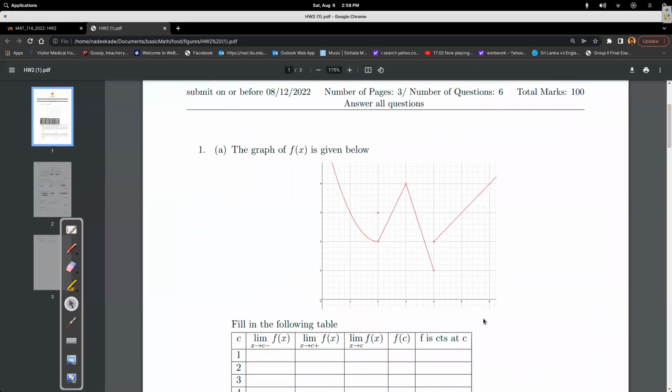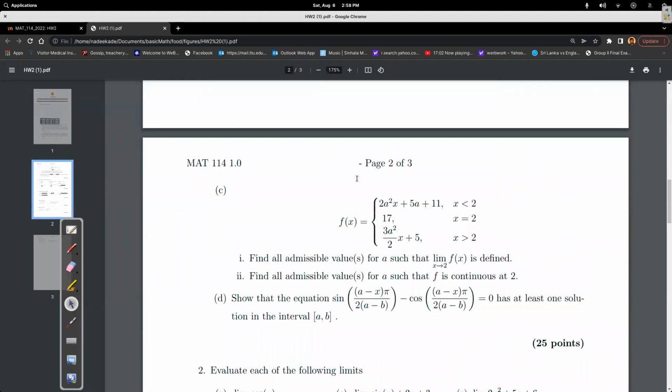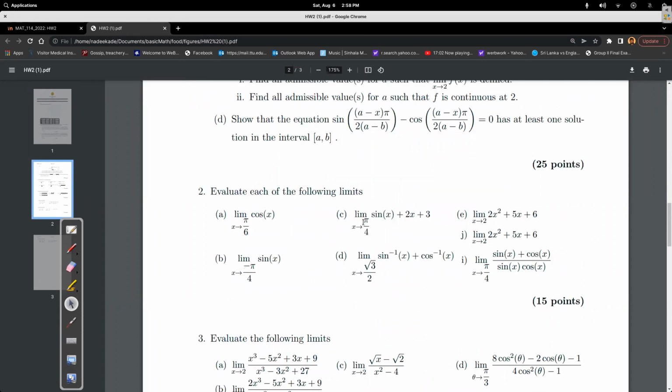Okay, so here limit of 1 from both sides, here limit of 2 from both sides like that. Here limit of 3 from both sides here, and then check for the continuity. Okay, then a true and false. Then this part I will do maybe today or tomorrow. Now you can do this one here.